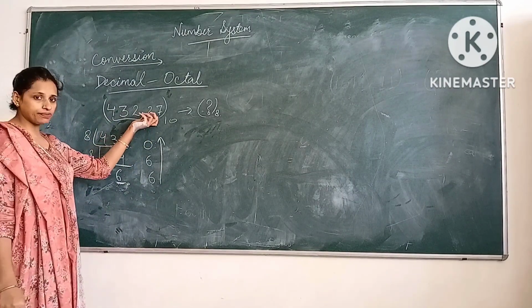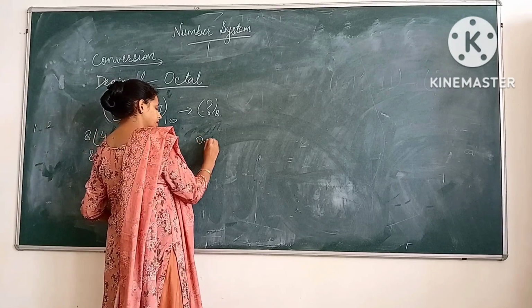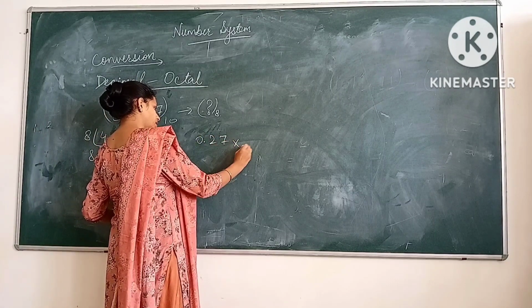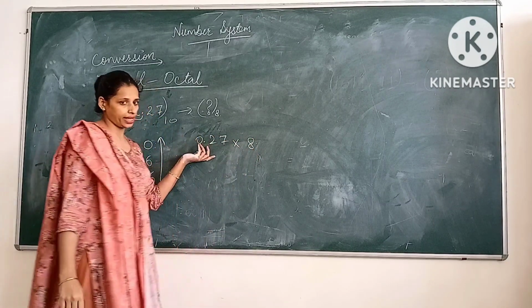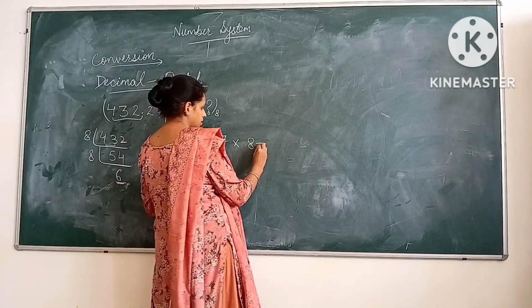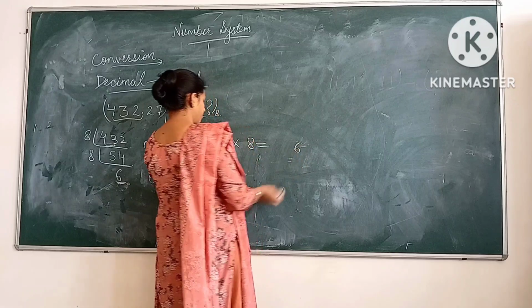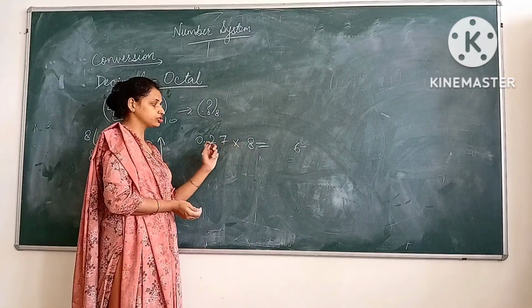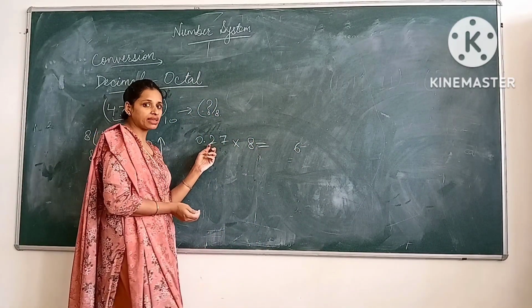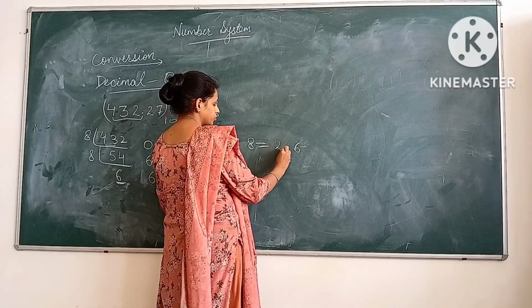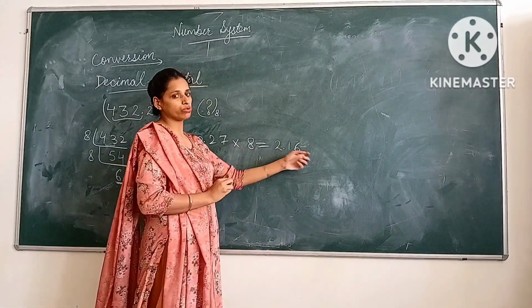And similarly, after the point, 0.27 multiplied by 8. 8 7s are 56, 5 carry, 8 2s are 16 and 5, 21. So it is 2.16.